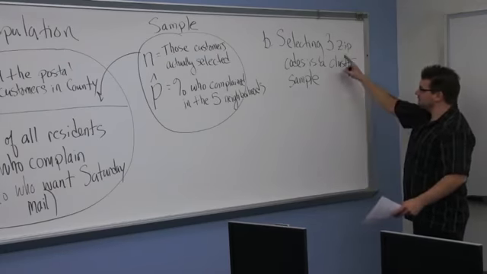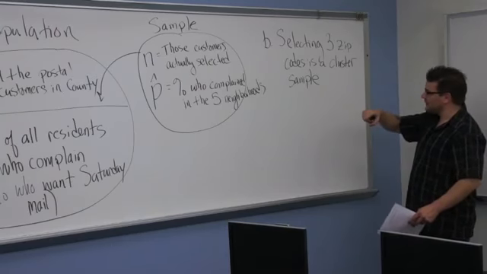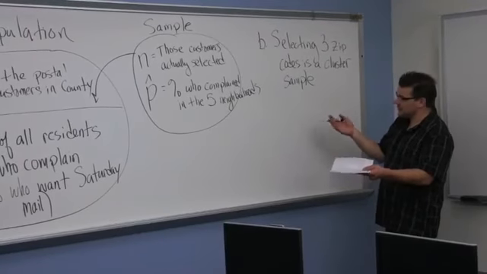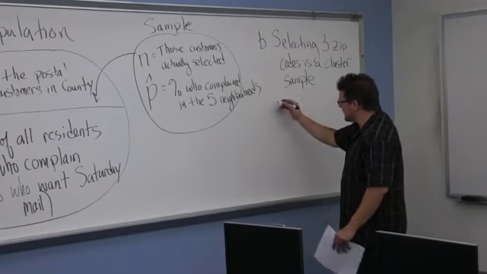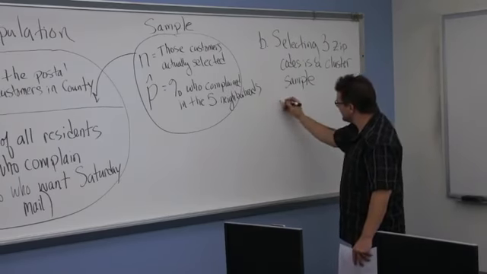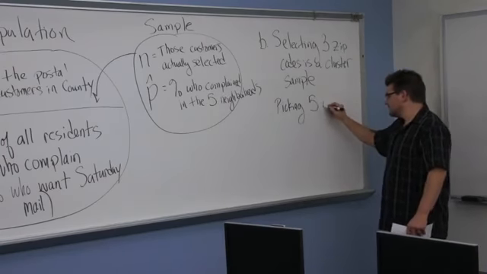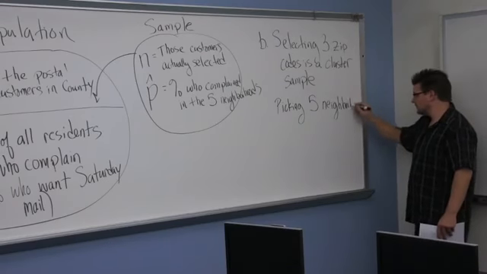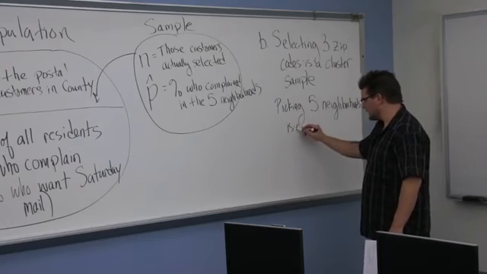Okay. Once we picked the 3 zip codes, what happened secondly was that we picked what? We picked 5 neighborhoods. And once the 5 neighborhoods were picked, every house in that neighborhood was, well, the Saturday mail was stopped, right? So picking the 5 neighborhoods is also a cluster.